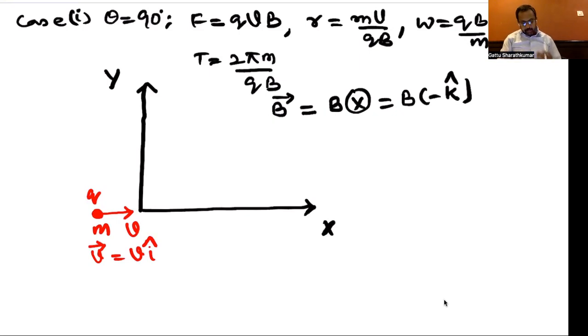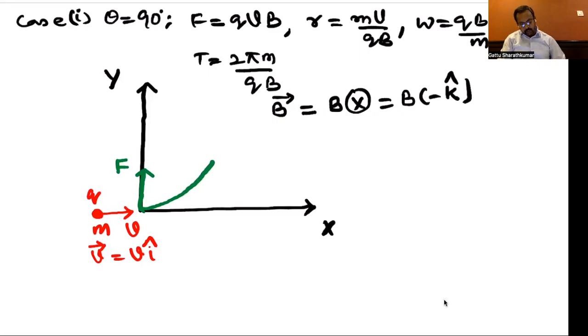So when it enters the magnetic field, here it is entering, it experiences a force in this direction. Velocity is along the x-axis, magnetic force is along the y-axis, hence it will change its path and start moving like this.